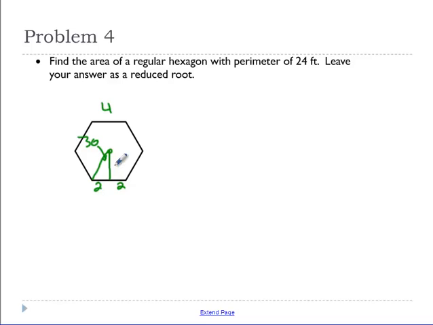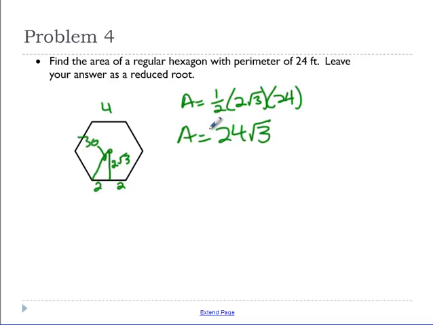So when I skip a couple steps, doing my 1 over leg, square root of 3 over leg, I get that the apothem is 2 square root of 3. So the area is 1/2 times the apothem times the perimeter. And when I multiply that all out, I get 24 square root of 3.